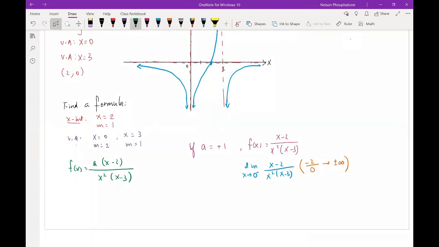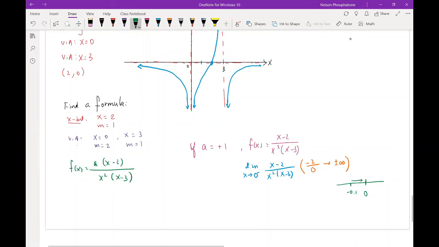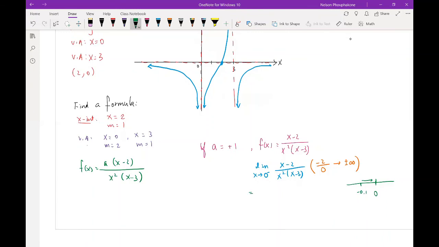Now, we are approaching 0 from this side, so how about we choose negative 0.1? Then you will see what happened here. If I plug in 0, the numerator is always negative. And the denominator?